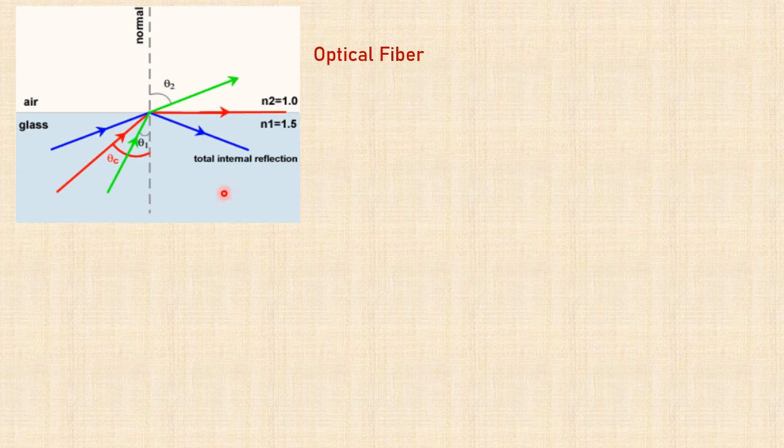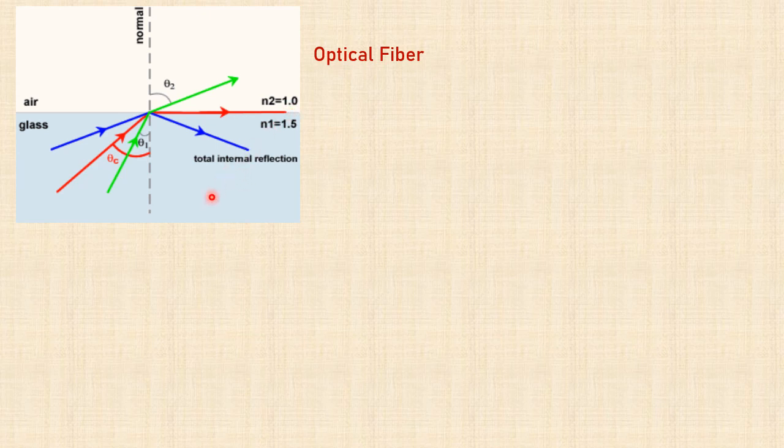Imagine there are two different media. This medium is denser and this medium is rarer. By the refractive indices, you can identify that. Here the refractive index of this medium is 1.5 and the refractive index of this medium is 1.